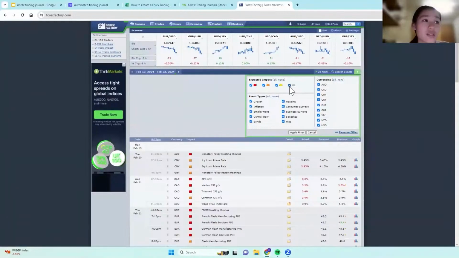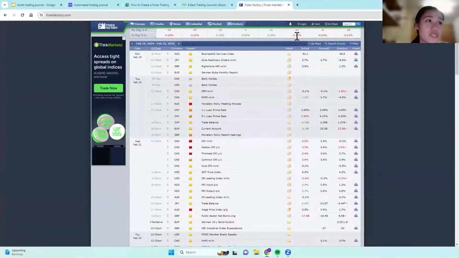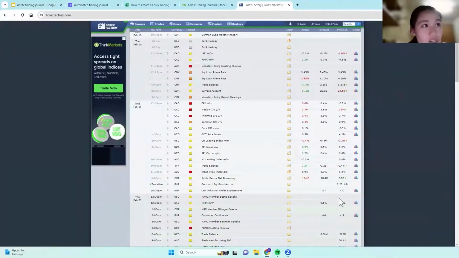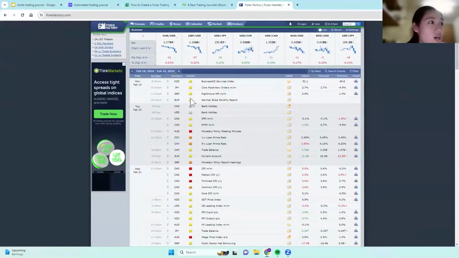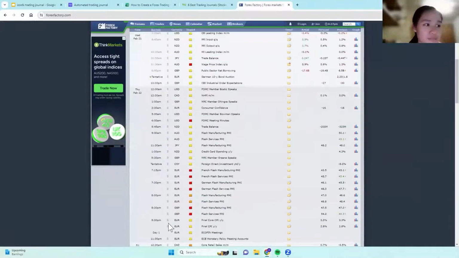But you can select all, you can filter out the currencies that you're looking at and the different event types, apply filter. And you can see once the actual result is released, it will update. It will also give you the forecasted values, as well as previous values, and the currencies as well as the different times.